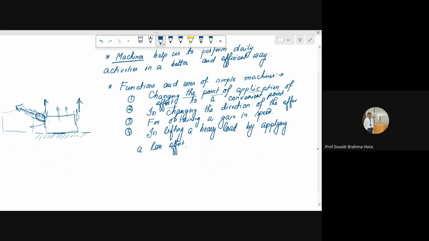Next point: machines help us to perform daily activities in a better and efficient way, that we know. Then what is the definition of a machine?